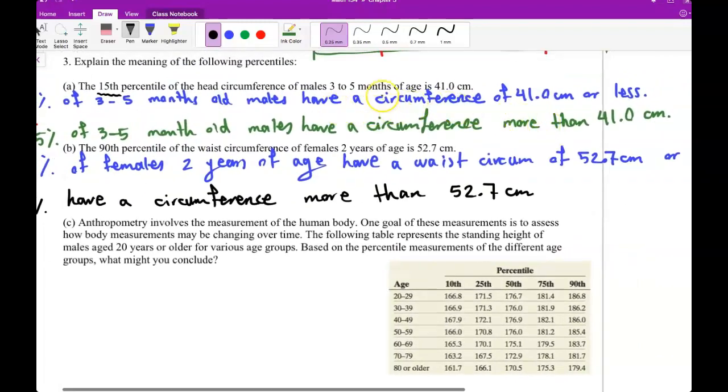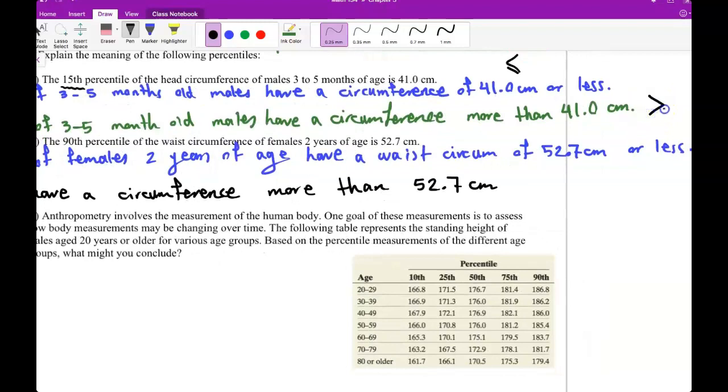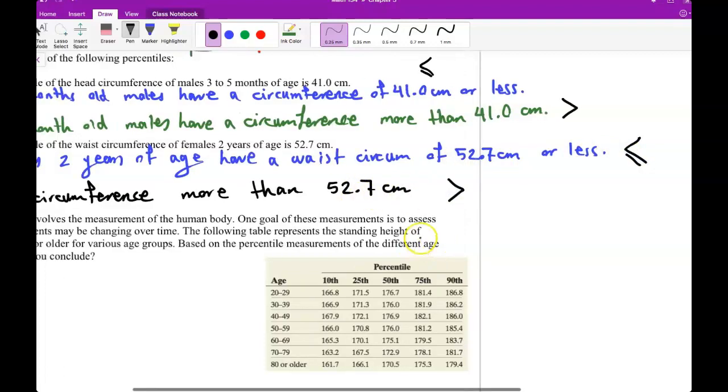But the point is that here also that is equal to this number or less, but here we have more than 41 because we already used that one. This one, less than or equal to, we use that one. I'm not able to use greater than or equal to, I only have greater than. So we have more than. Here again we have less than or equal to, and for this part we have more than. It's like that.